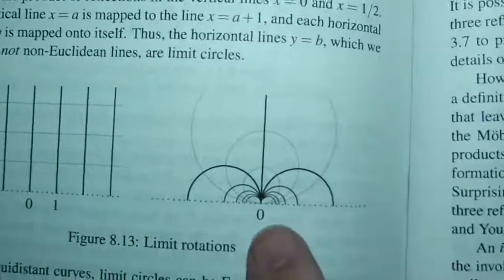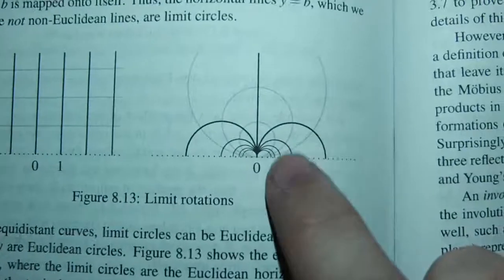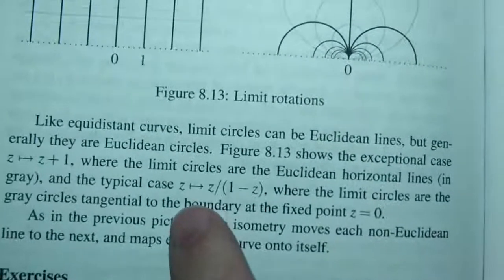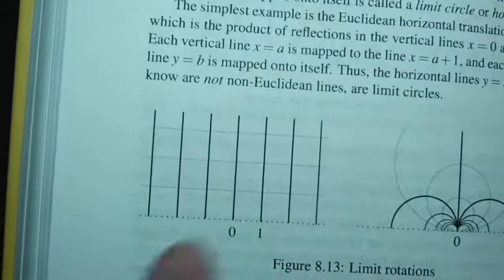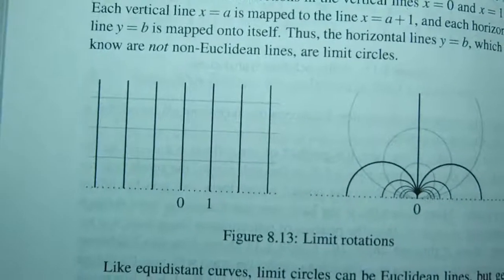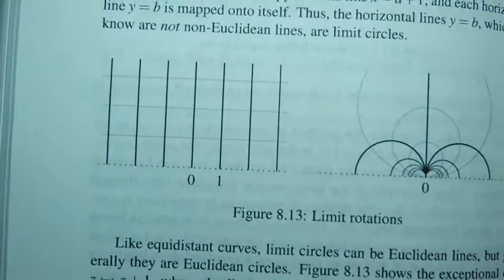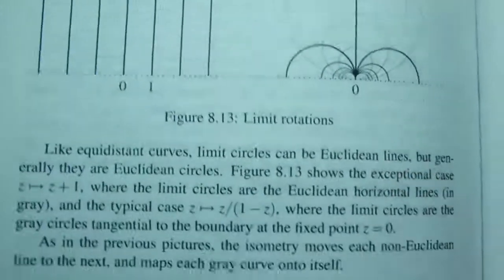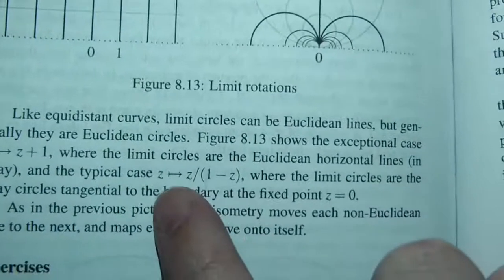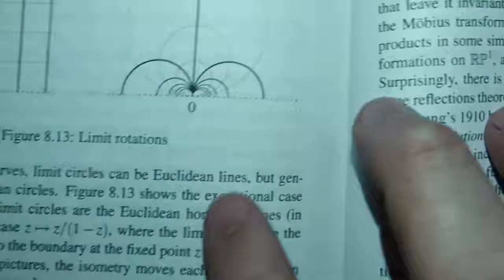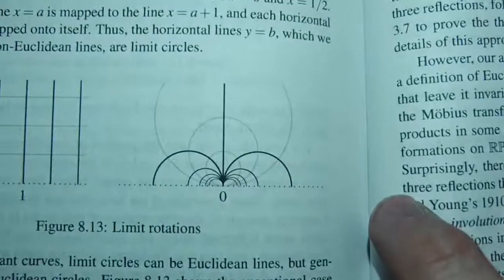This is a really special case, the most degenerate case. It's not what it typically looks like. If you want to see what it typically looks like, take the reflection that sends z to z over 1 minus z, and you get this picture.